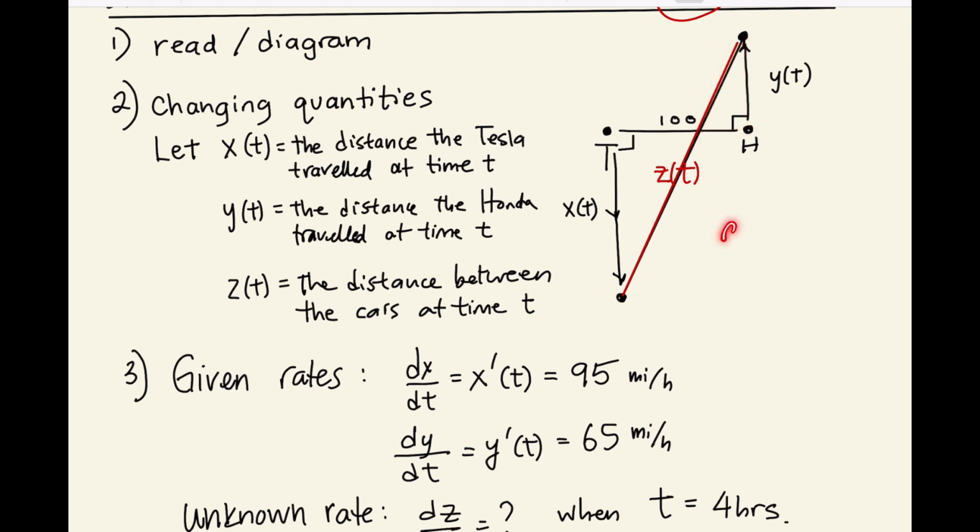So I think a squared plus b squared is equal to c squared, especially if it's a right triangle. And this is indeed a right triangle, and I see another right triangle here. The issue, though, is even though I know that this length is y, I really don't know this portion of the distance, and I don't have any idea what this portion is. And as the cars move, these are always changing.